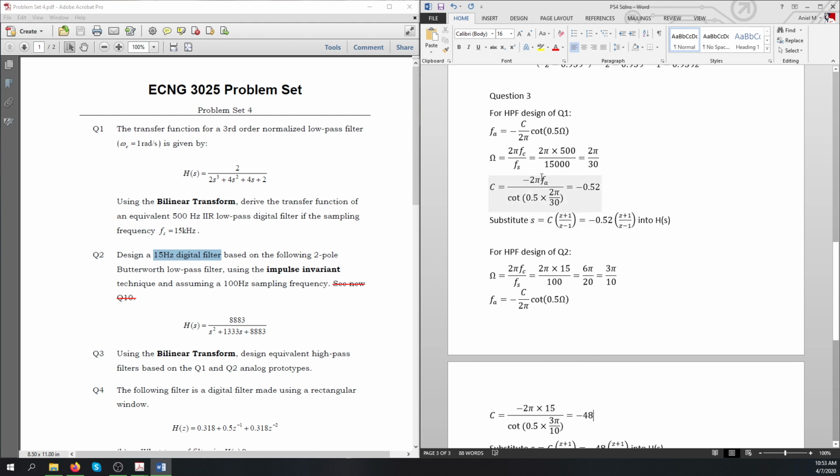So for high pass filter designs in particular, remember the f of a equation here will change accordingly, and the substitution for s will also change accordingly as well, because instead of it being z minus 1 divided by z plus 1 is now z plus 1 divided by z minus 1. No, because this question asks to use the bilinear transform explicitly for the question 1 and question 2 analog prototypes.